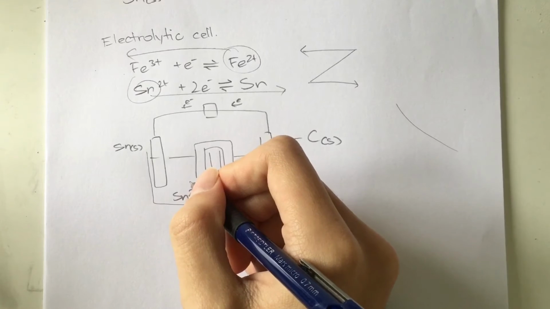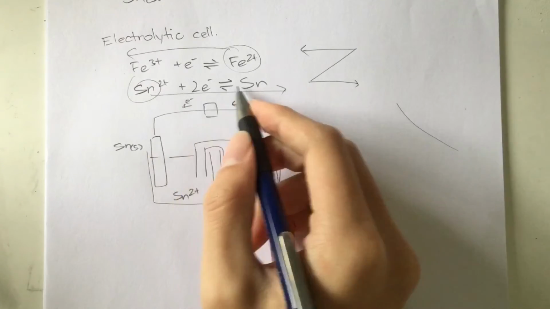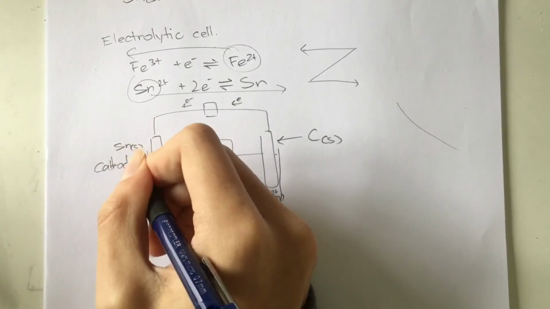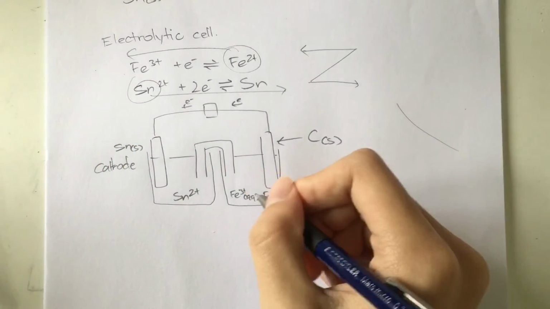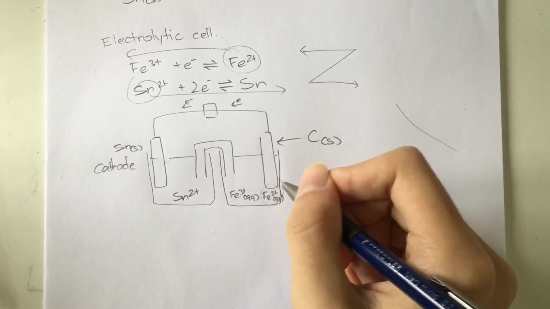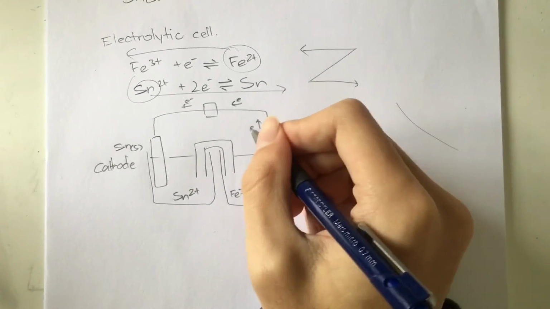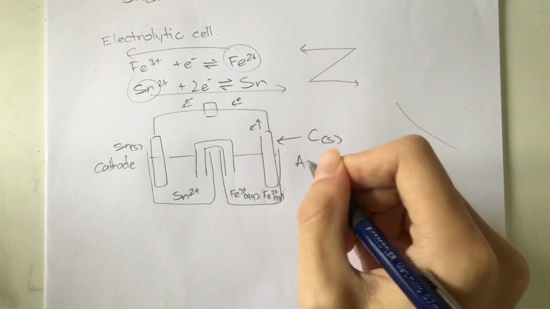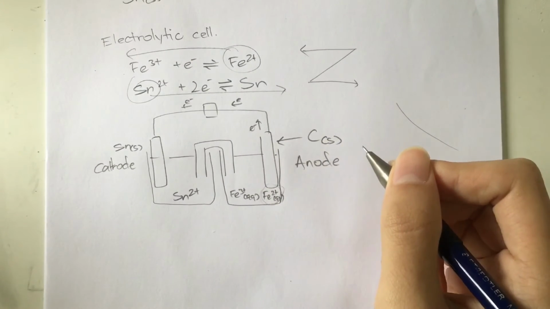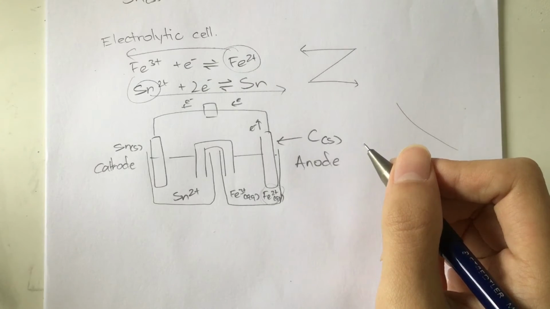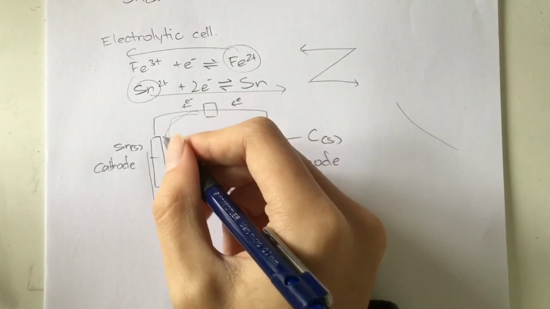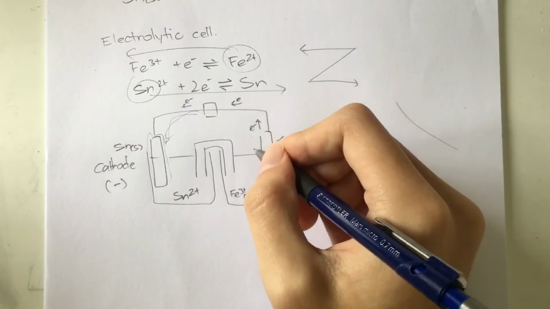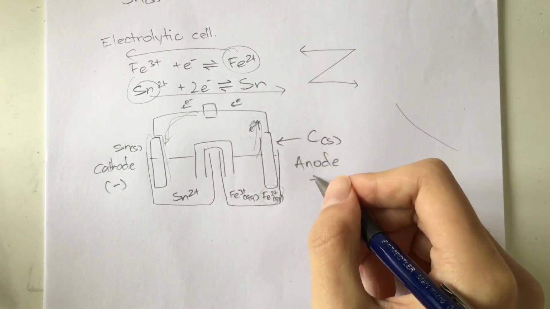So the Sn is gaining electrons and reducing, so it's the cathode. The Fe2+ is having its electrons taken away, and so it's oxidizing, and it's the anode. And because electrons are being forced into this electrode, it's going to be very negative. And because the electrons are being taken out of this, it will be positive.